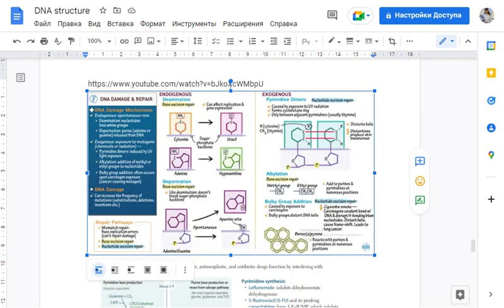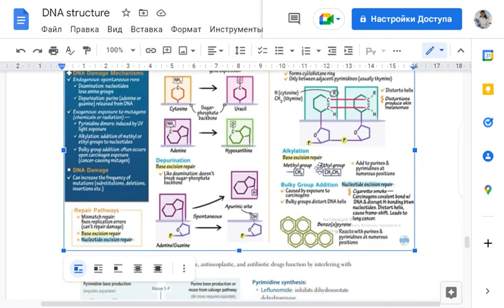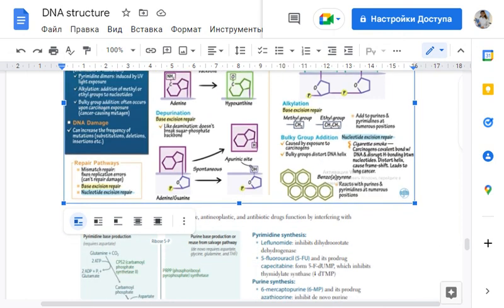Here you have exogenous reasons. For example, under UV radiation, you make pyrimidine dimers, which create a cyclobutane ring, and it can cause helix distortion and create skin melanomas. Also we have base excision repair mechanisms when a methyl group or ethyl group is added.